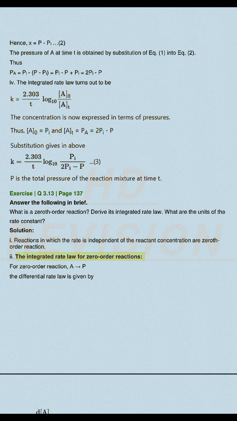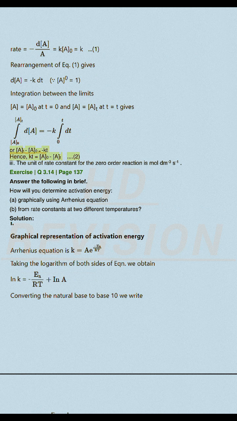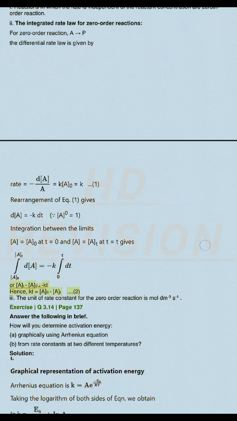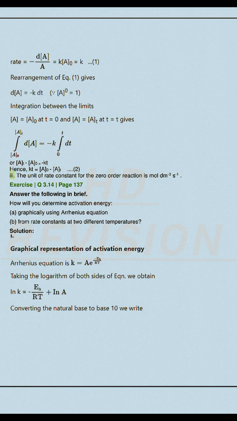The integrated rate law for zero-order reactions: for a zero-order reaction, A → P. The differential rate law is given by -d[A]/dt = k, hence, kt = [A]0 - [A]t. The unit of rate constant for the zero-order reaction is mol dm-3 s-1.